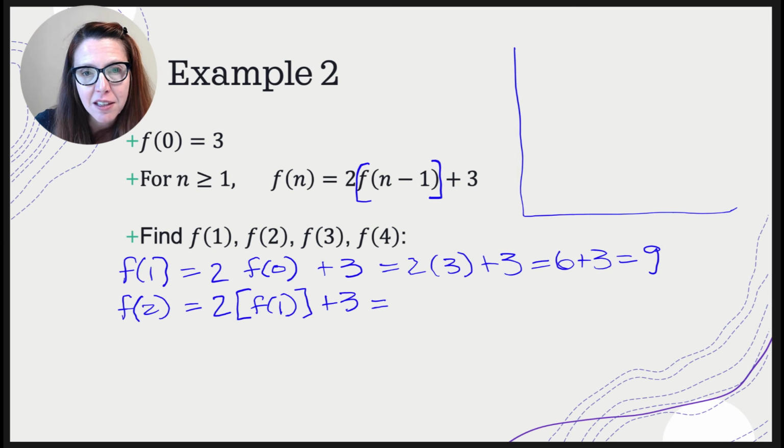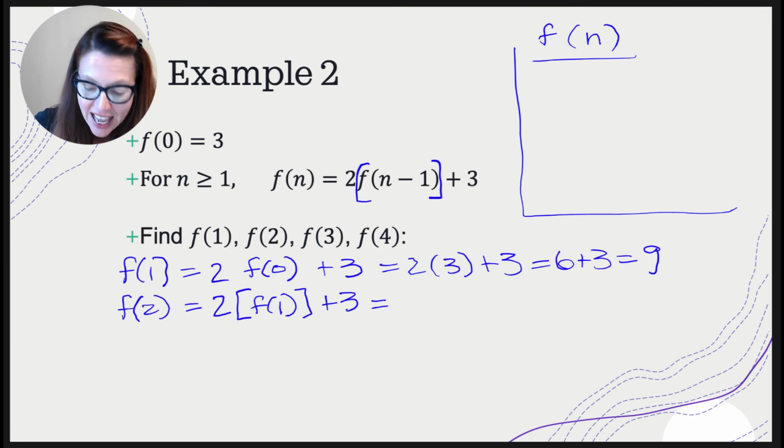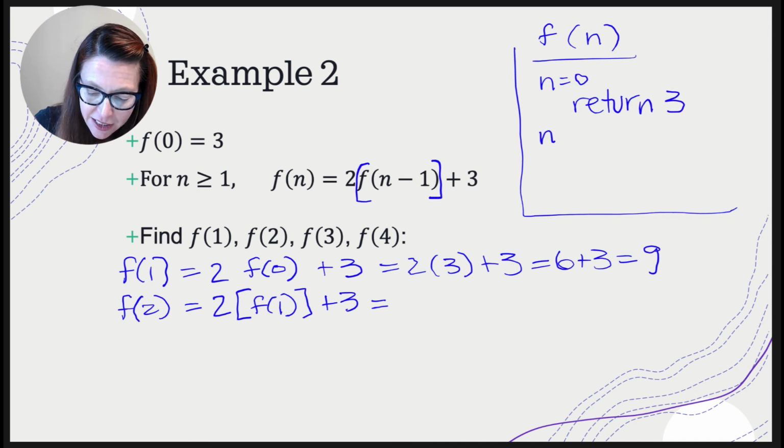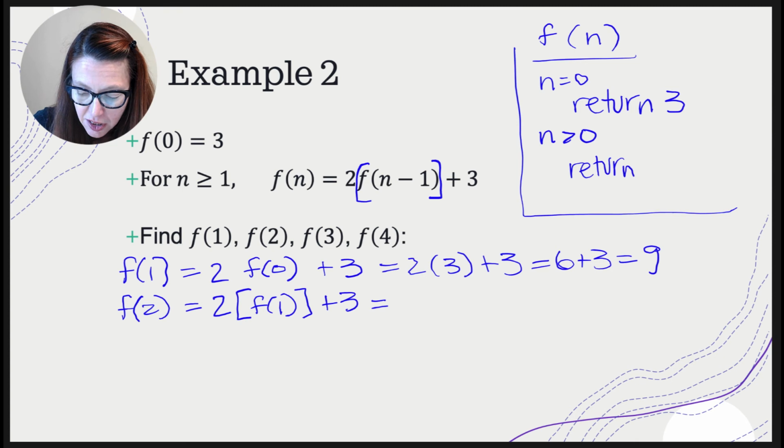You can write a recursive method, a function that expects some argument, and this time we're going to pass it n, and if n is equal to 0, we're going to return 3. But if n is greater than 0, then we're going to return whatever the calculation 2 times f of n minus 1 plus 3 is.